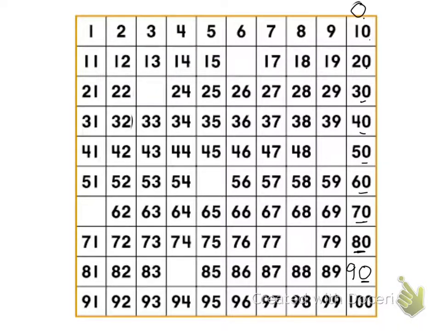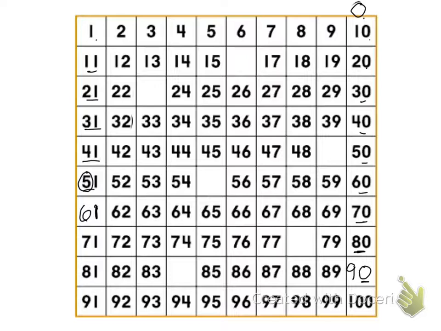Okay, look at the ones column. We have a missing number here as well. So let's go ahead and find it. So we have 1, 11, 21, 31, 41, 51, then a blank. Well, I know this number has to end in 1. And it should be the number that comes after 5. So this one should be 61.